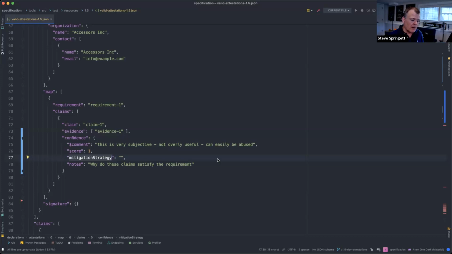So if you have an ethical consideration, environmental impact for example, what is your mitigation strategy? And it's just free form text. We could continue that route here, or we could come up with another noun, and make it an object and provide a bunch more data. I don't know if that's useful or not.